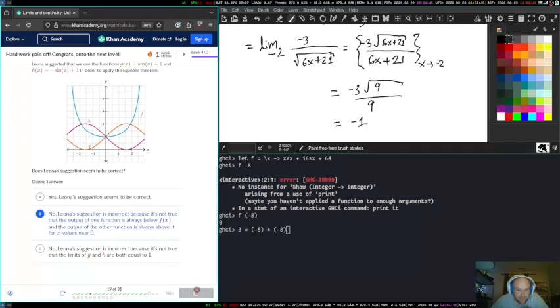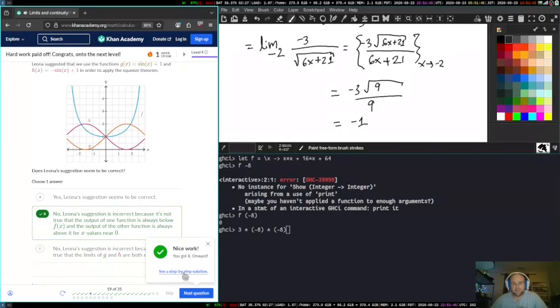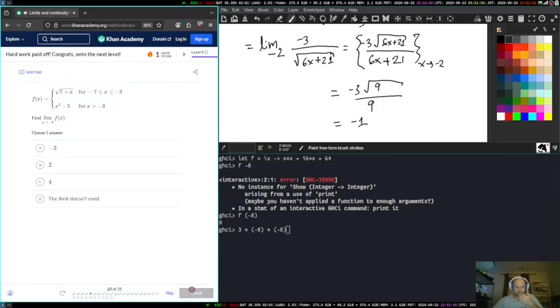Yeah, that one. Okay, this looks like a tedious one, so this is probably where I'm going to stop for now.